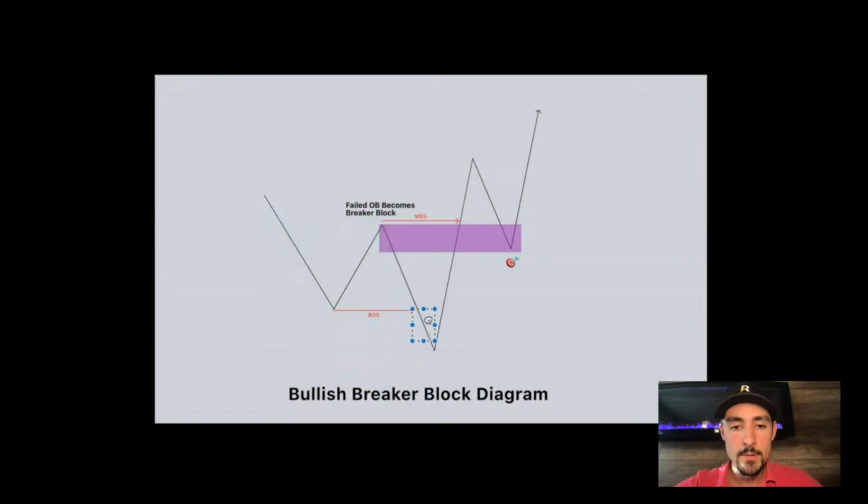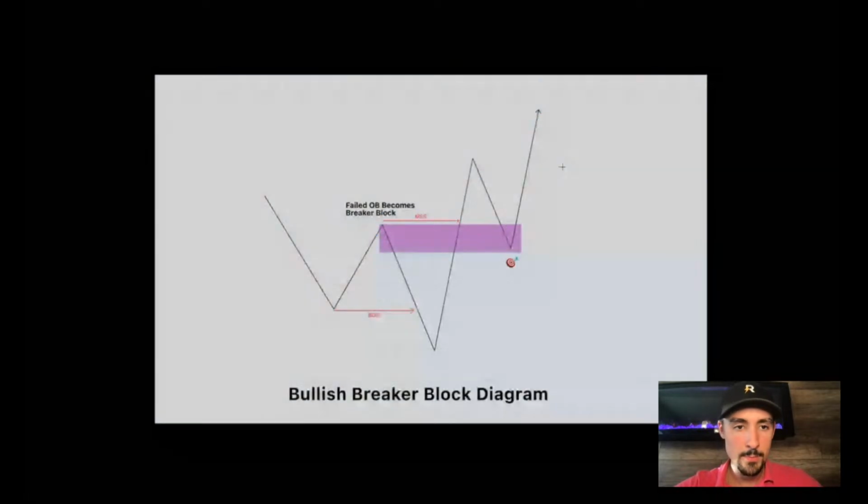We then see price trade to the downside, which ultimately is a liquidity capture. Okay, when we're creating this kind of breakout to create a lower low, that is a liquidity capture. Price then reverses. We get the market structure shift. Price retraces back into that original order block, then turned breaker block, and we look for buys to continue riding that higher. Okay, so this is a bullish example.